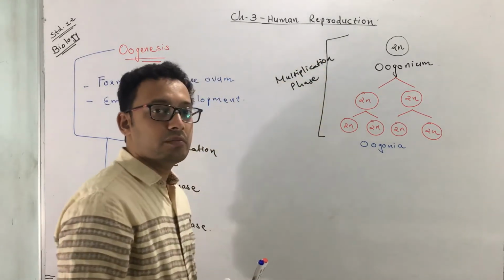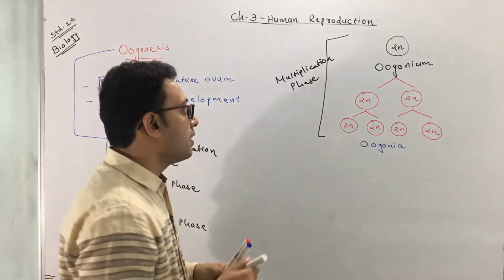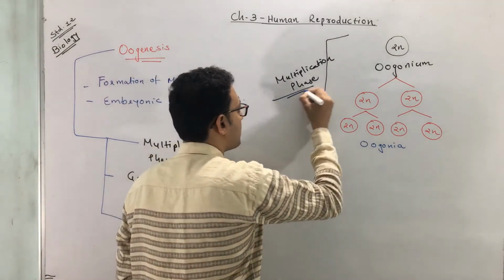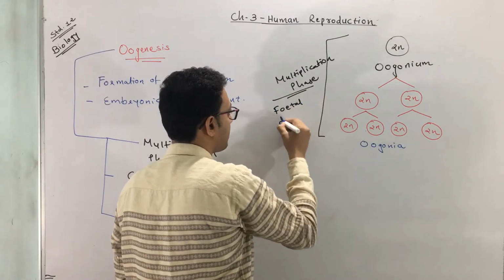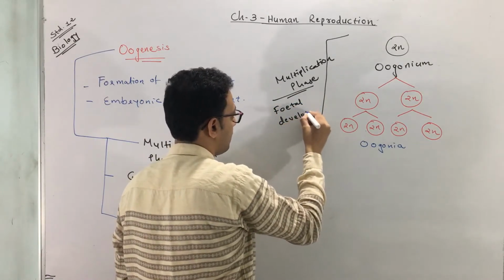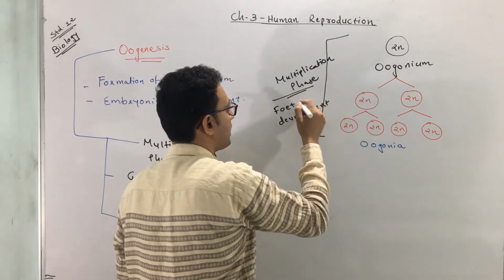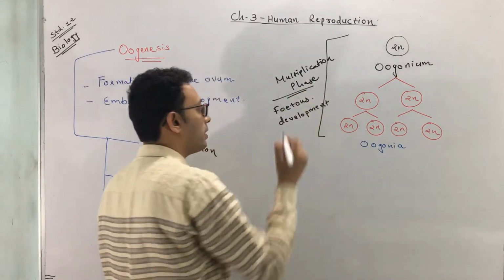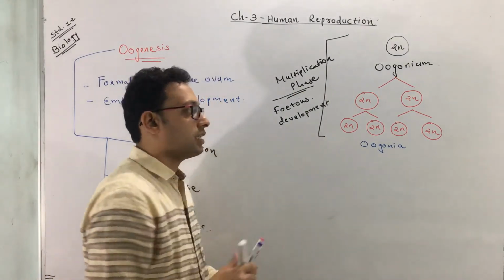The oogonia rapidly multiply. This occurs during fetal development, so you can also say it occurs during fetus development, meaning when the baby is inside the womb, at that time the process starts.